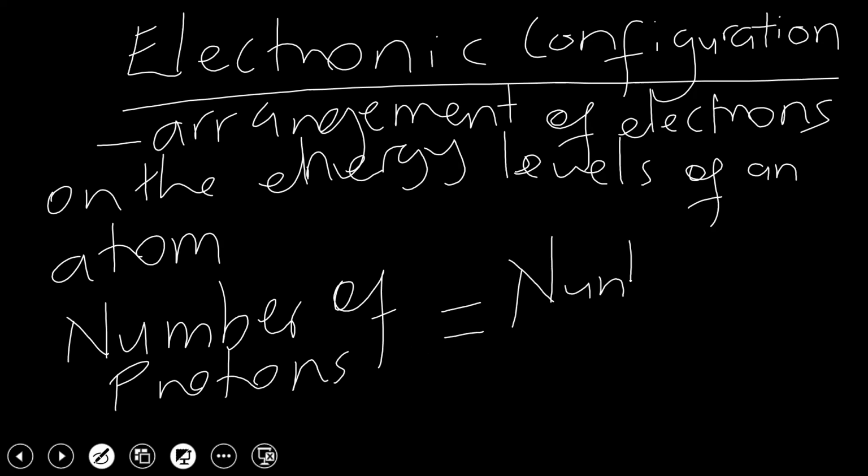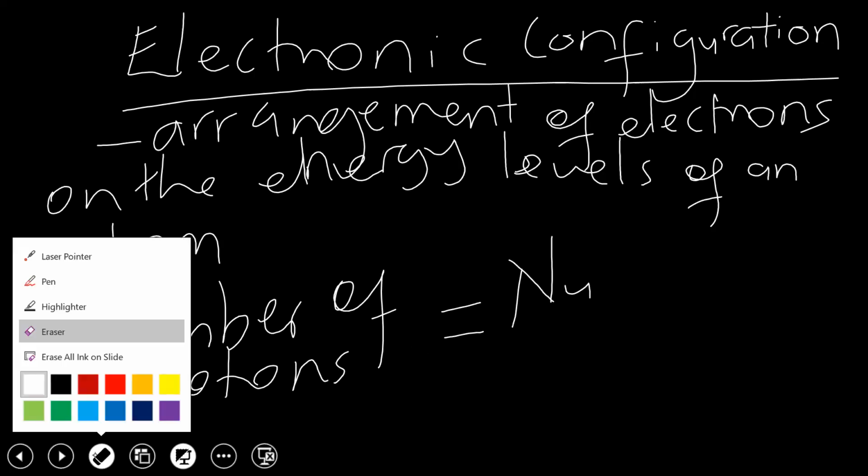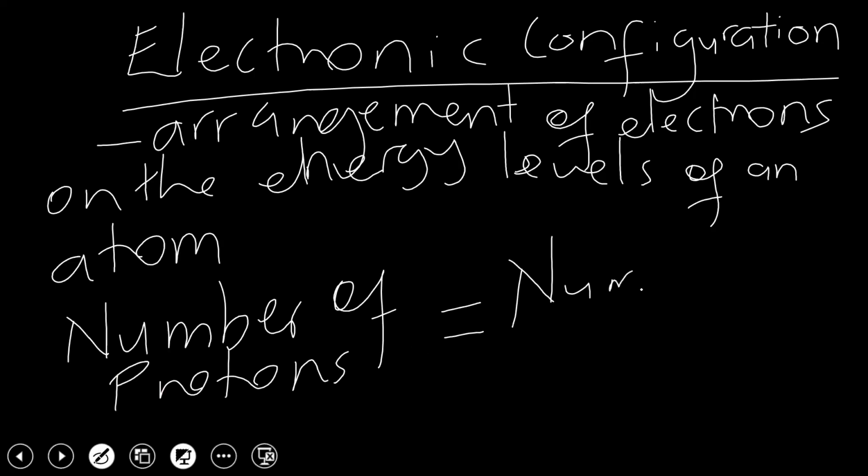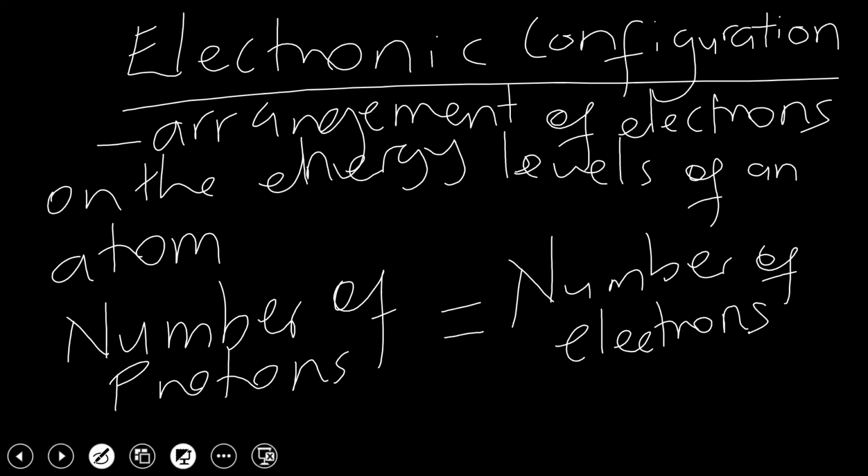They are equal. So when you are writing the electron configuration, we consider the number of electrons of an atom.